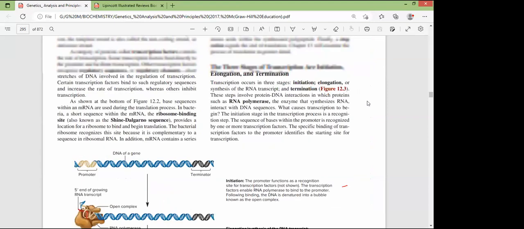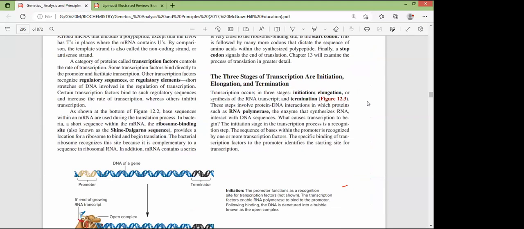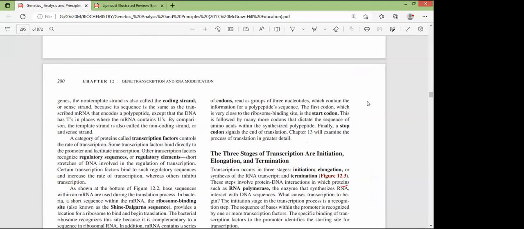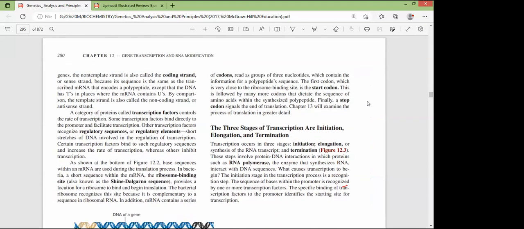The first stage will be initiation, whereby we look at the promoter region. The second is elongation, whereby you're just adding the nucleic acids to the RNA. And the last thing is termination. Termination is unique because there's a termination sequence, so that transcription knows when to stop.